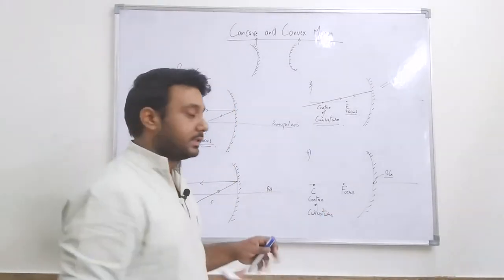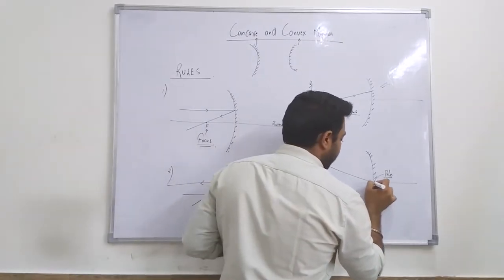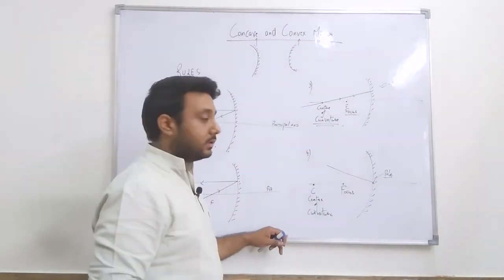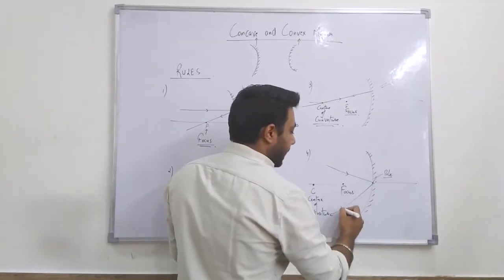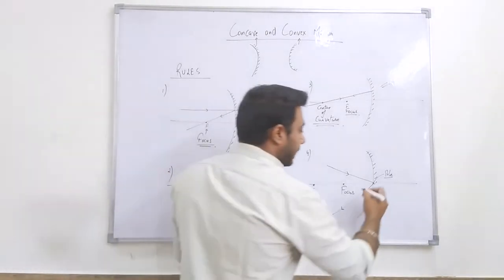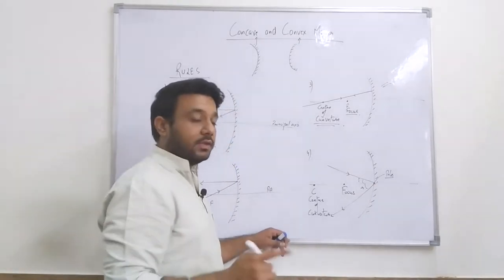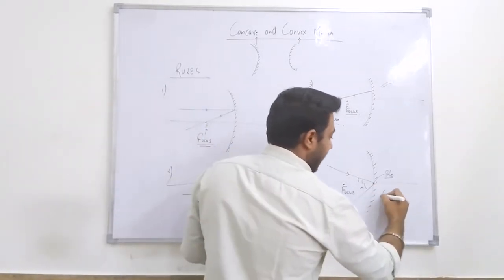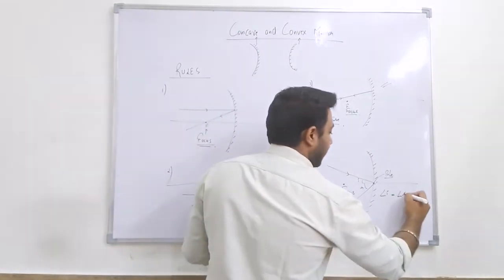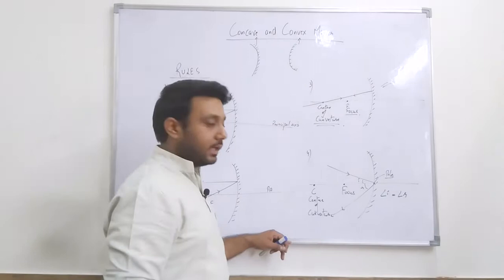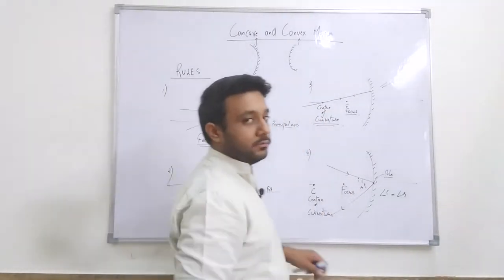Now the fourth rule says that every ray that strikes the pole will reflect back at the same angle with the principal axis. That means the angle of incidence is equal to the angle of reflection. Okay, this angle is equal to this angle. This was the fourth rule.